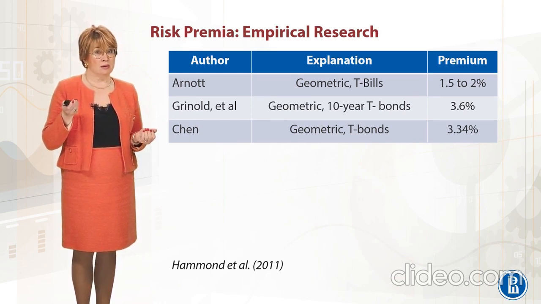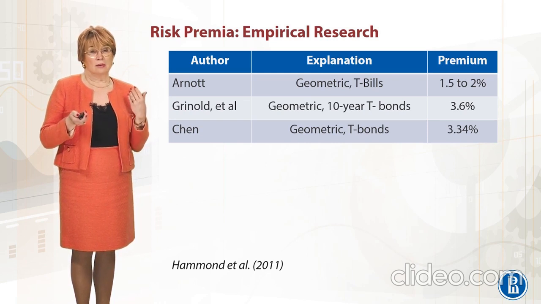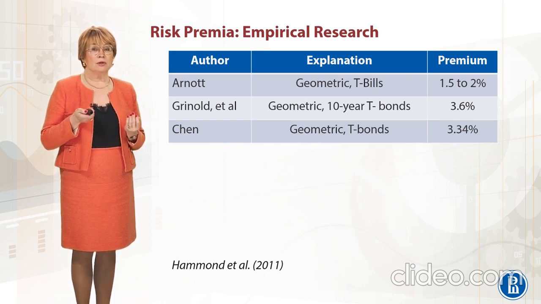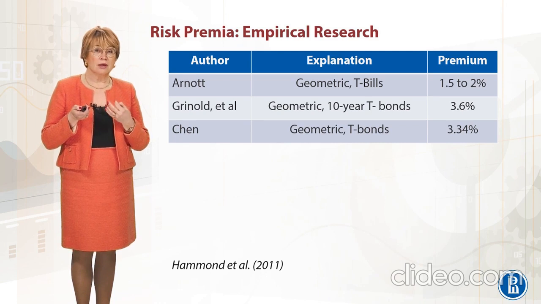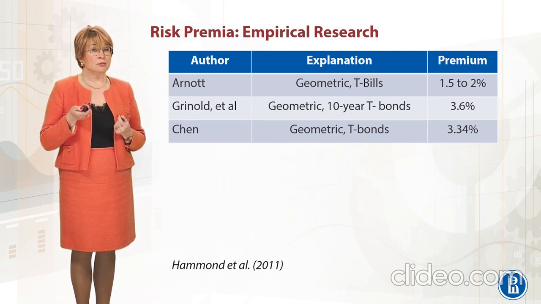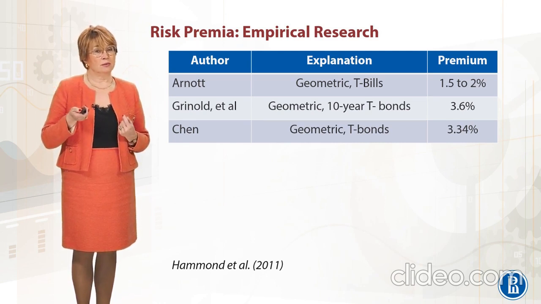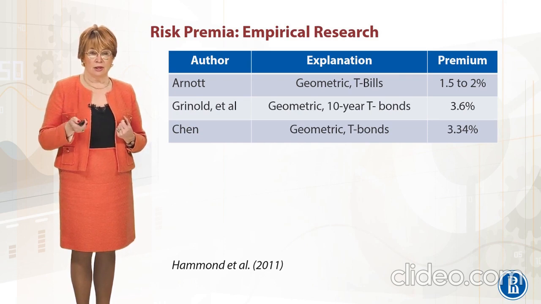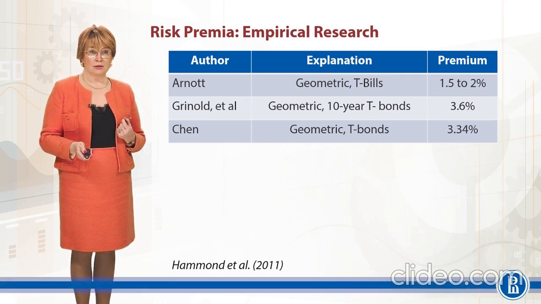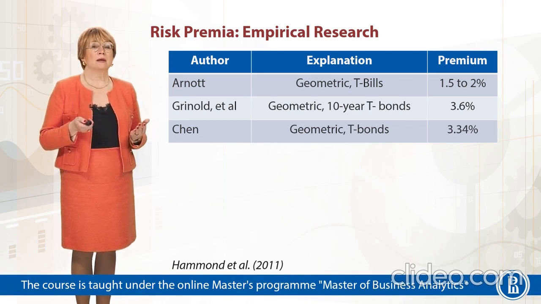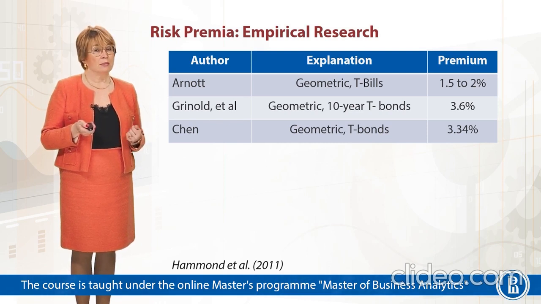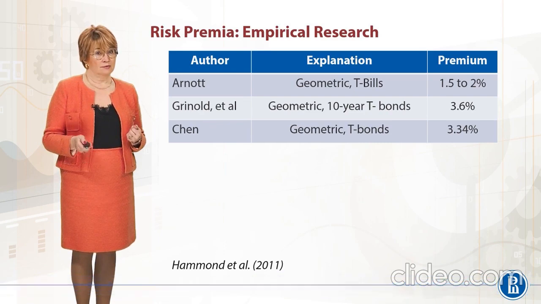And what we see here, again, is that the premiums which compare the market rate of return to the return on treasury bills really differ from those which compare the market rate of return to treasury bonds. What else is really important? So this again and again, a very important comment. We need to be very selective. We need to be very attentive.